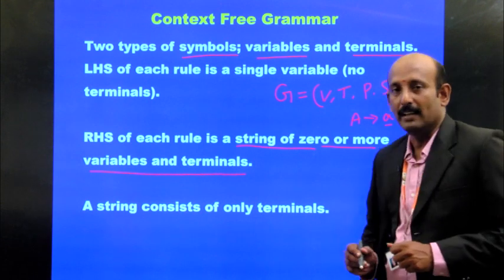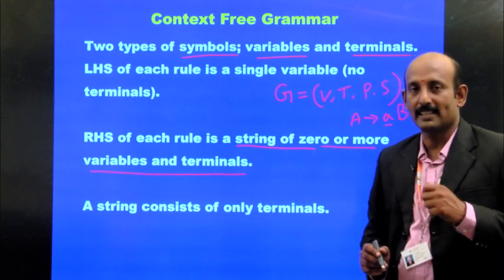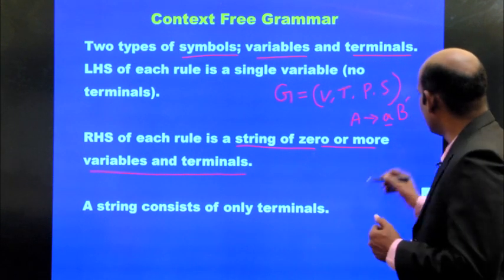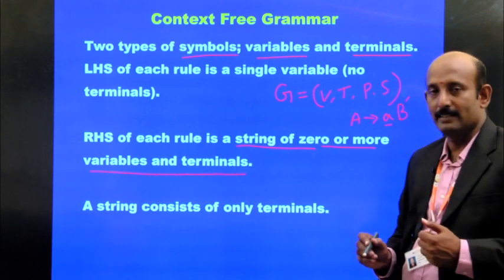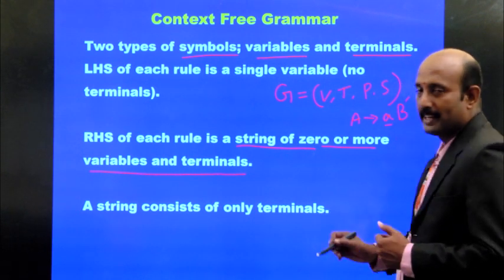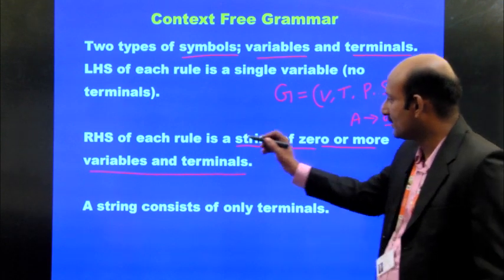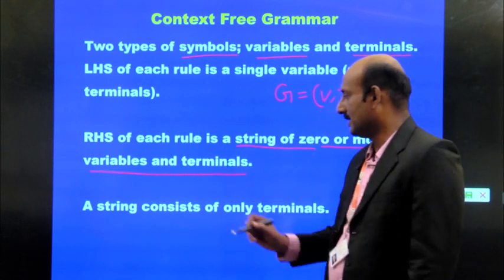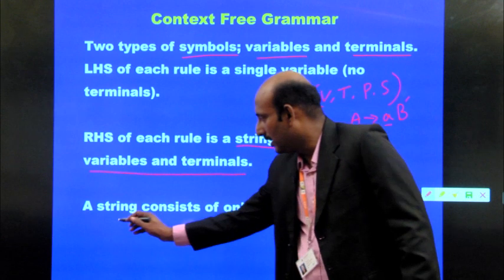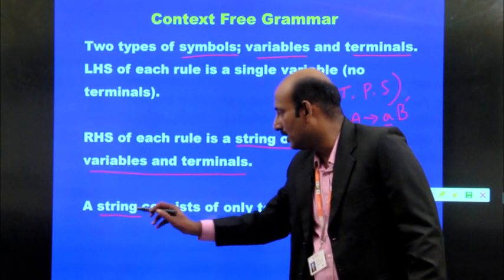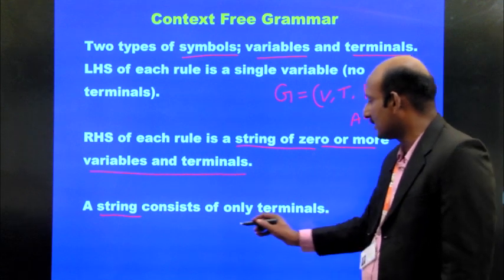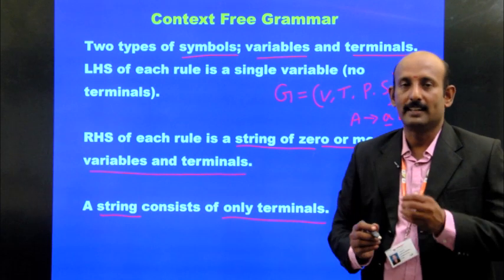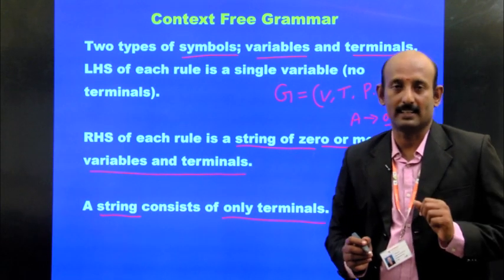Likewise, B is an uppercase symbol, and uppercase letters are always denoted as variables. So the right-hand side contains both terminals and variables. The right-hand side of each rule is a string of 0 or more variables and terminals. Hereafter, when we call something a string, it means a string consisting only of terminals, that is, lowercase letters.